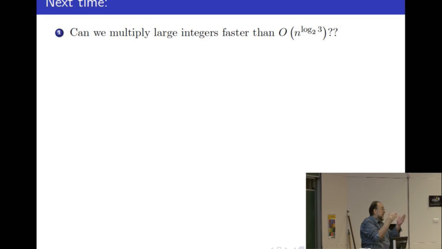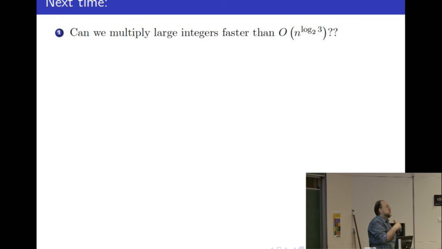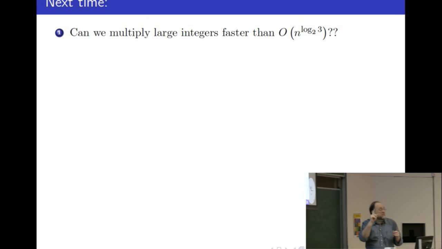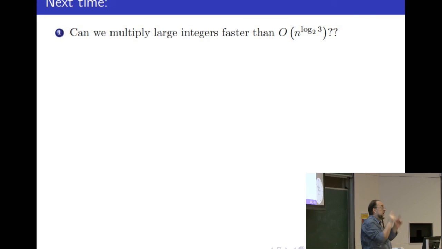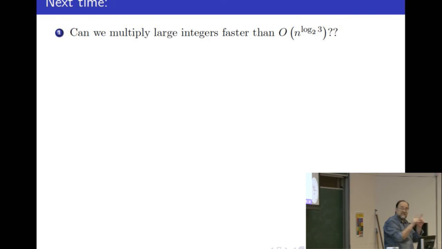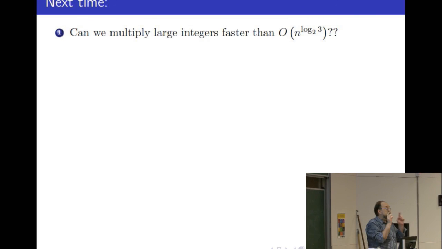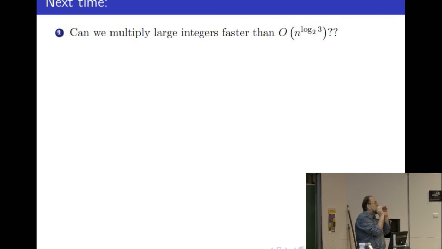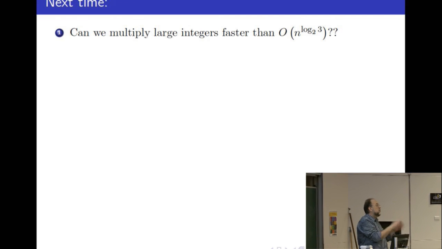Because for any reasonably large number, this constant in front will be prohibitively expensive. So asymptotic estimates are good as long as you can reassure yourself that the constants do not get out of hand, right?